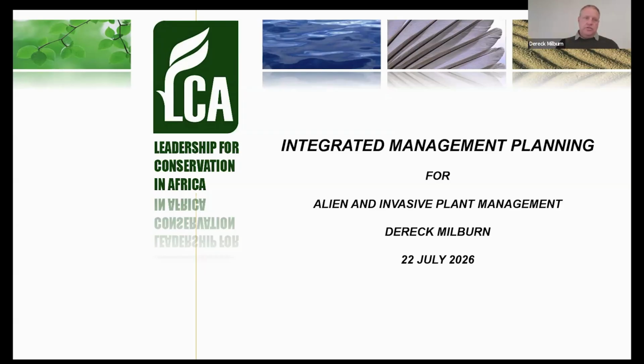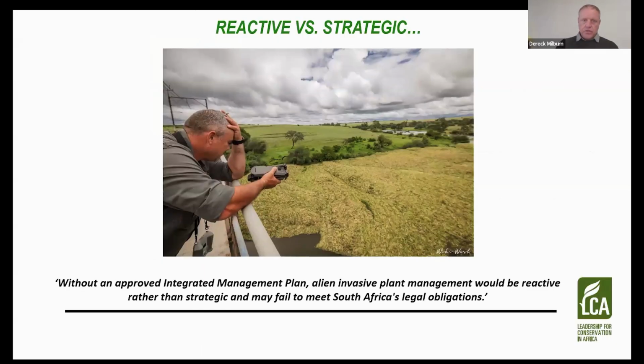But this is just really to encapsulate everything and talk about how we present these alien invasive species management plans in a bigger perspective of integrated management planning for protected areas, how it responds to legislation locally, and just generally how it all works together. So it's basically going to be a flow of different documents forming part of the bigger IMP, and just the process of how we get to an integrated management plan.